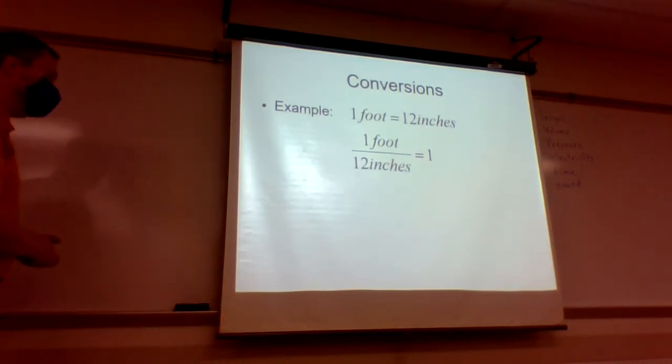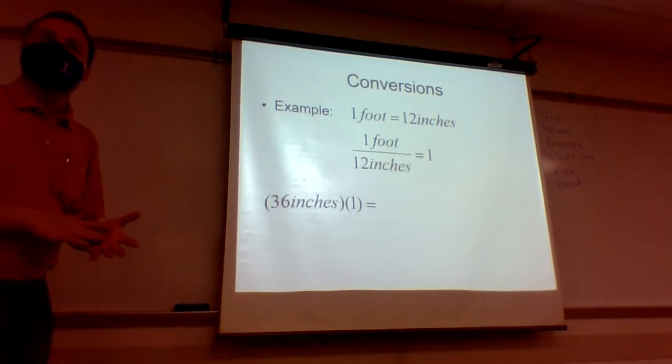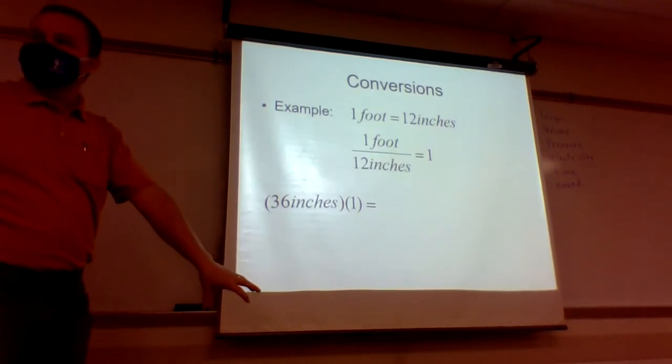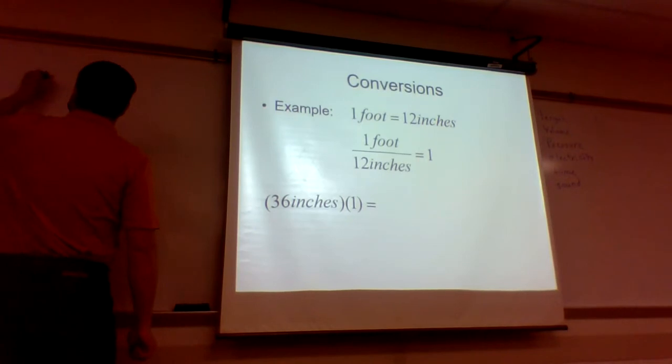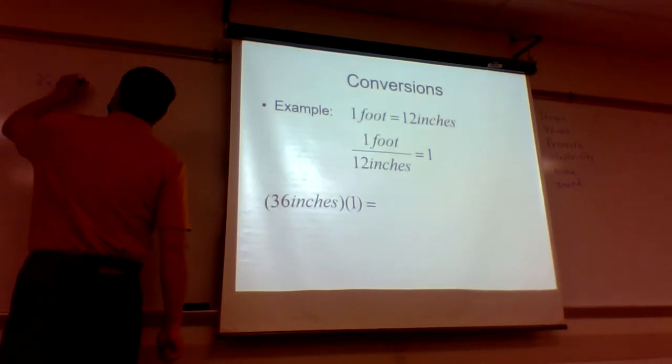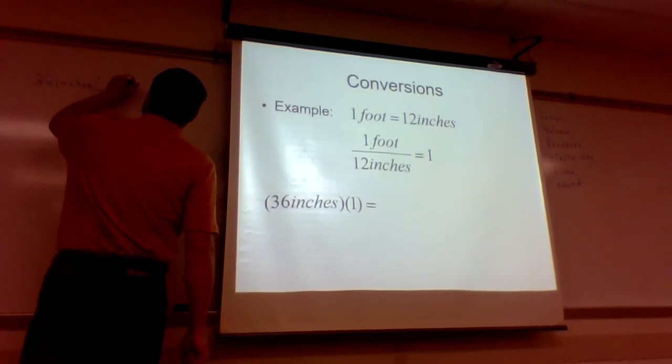So if I divide them, I get 1. So, Steve, what the heck does this mean? Well, let's say that I've got something in inches, and I want to convert that to feet. So let's say I've got 36 inches, and I want to convert that to feet, right?